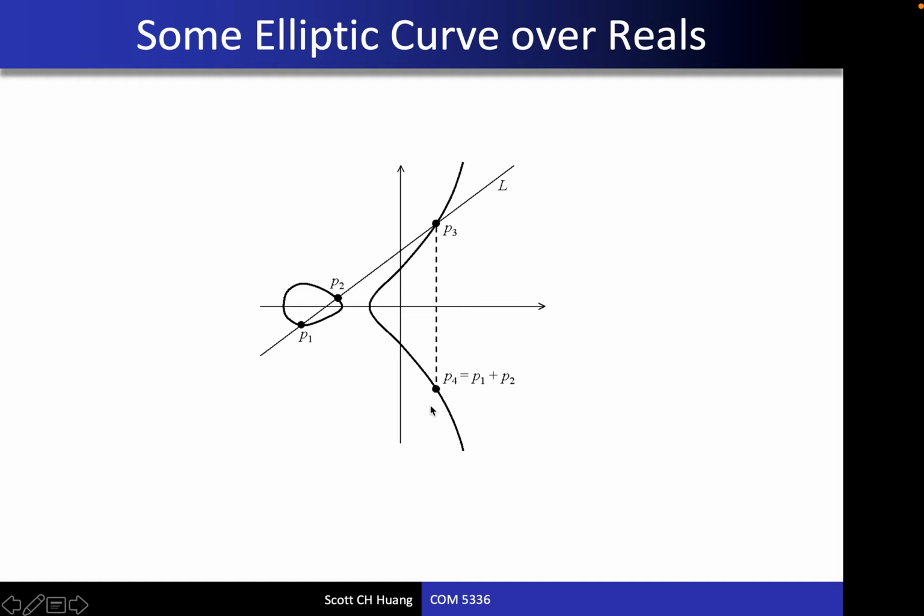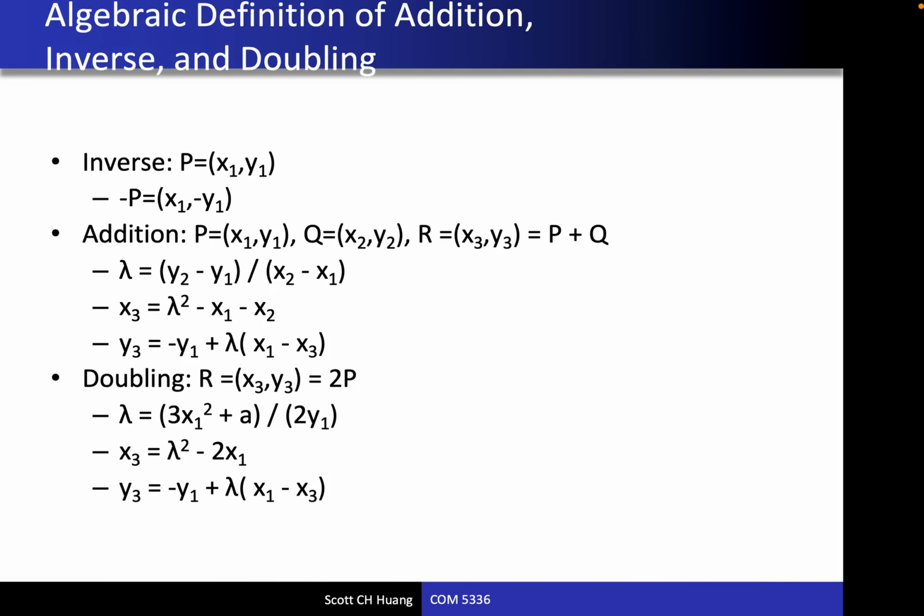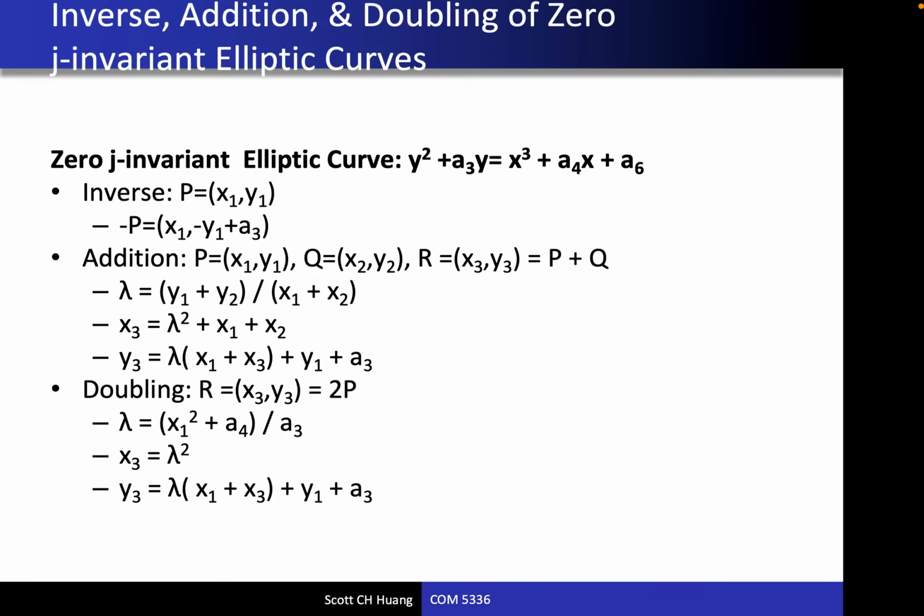That's it. But just because of that, if you derive a formula for that, it would prevent the existence of this number 2, which is not possible because 2 is equal to 0, right? For zero J invariant, the inverse, the mirroring operation, is translated.